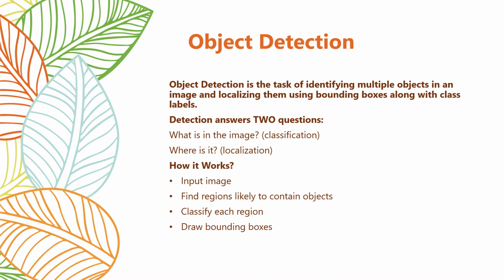Now, the object detection process begins with the input image. The system identifies regions that are likely to contain objects, each region is then classified, and finally, a bounding box is drawn around every detected object.